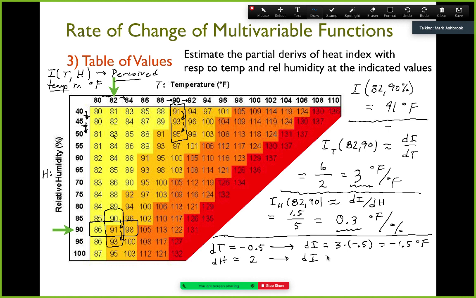It's going to change by 0.3 times the change in humidity. Right, so what does this rate of change mean? It means given any change in humidity, I just gave you one, the perceived change in temperature will be the rate of change, 0.3, times that change in humidity. Or how much? 0.6 degrees Fahrenheit.